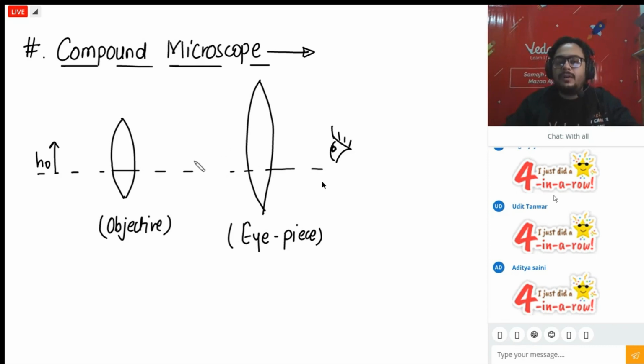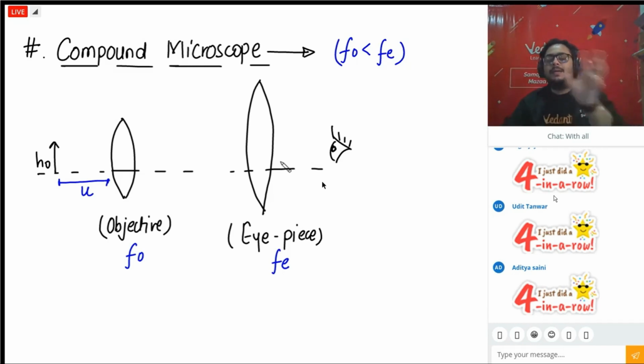So this is for the compound microscope. Suppose you have an object here and let me say the distance of the object is u. Just remember one thing, everyone. If the focal length of the objective is FO and the focal length of the eyepiece is FE, then for a compound microscope, the focal length FO is taken less than the focal length of the eyepiece. Do you get it?